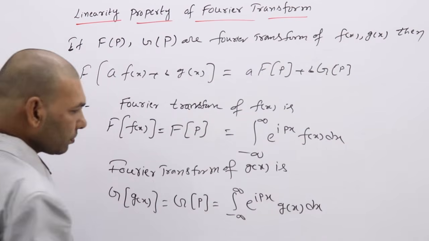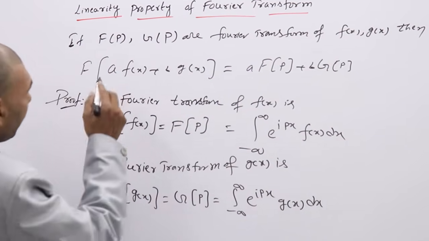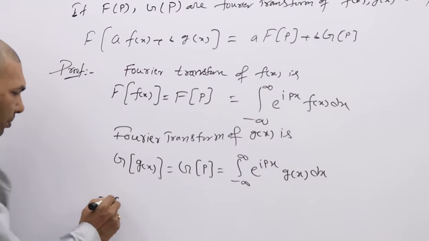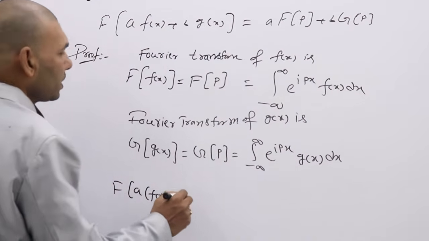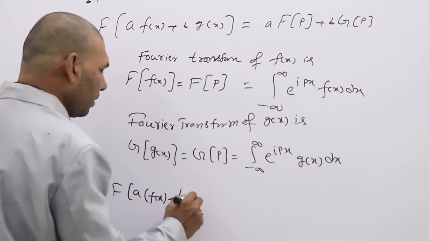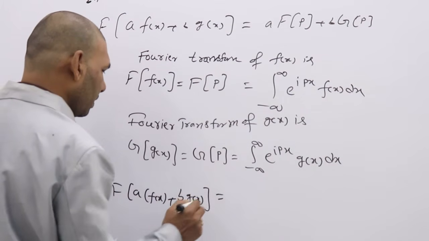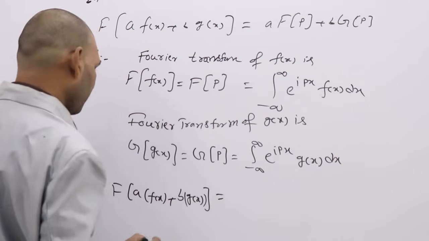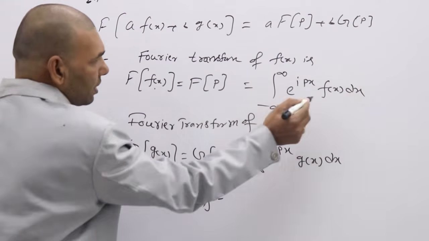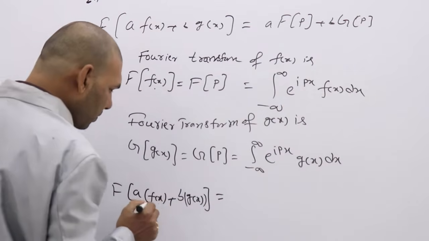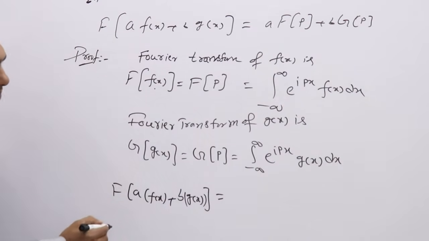Okay. Now what we need to find is the Fourier transform of a into f of x plus b into g of x. In the place of f of x we replace with this term in the Fourier transform.